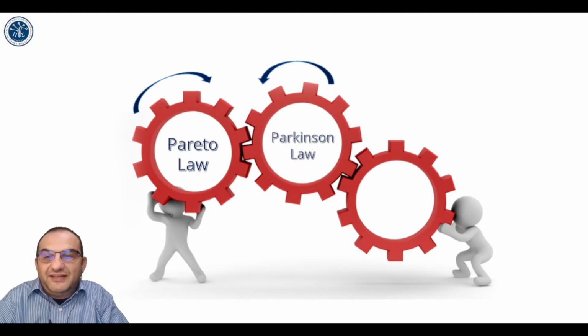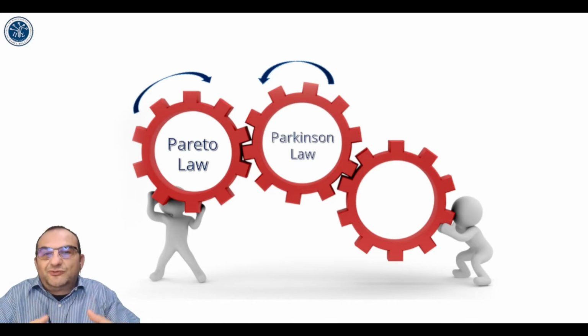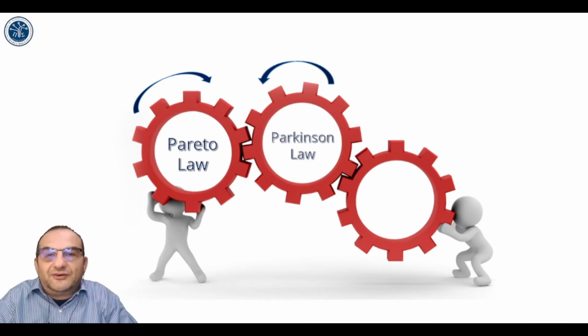This name, Parkinson, doesn't have anything in common with the disease. It's the name of an economist who said that our work expands so as to fill the time available for its completion. So the work on a task will expand in order to fill the whole time available to complete that task.